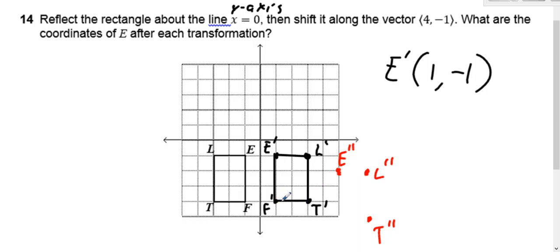And F, right 4, down 1, F double prime. And we need to write the coordinates of E double prime now. That is 5, -2.